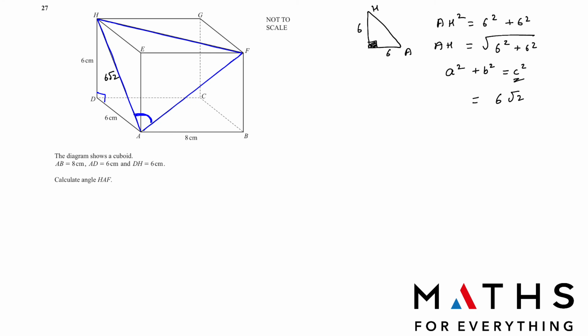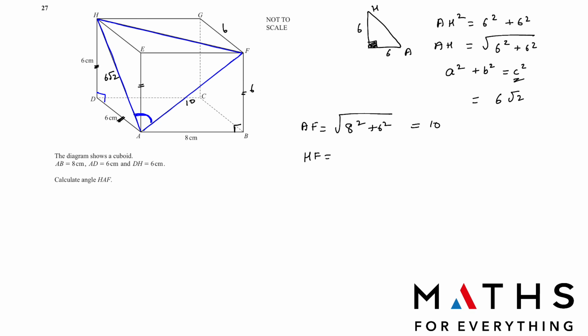Now to find the other side, if this is 6, AE will be 6 and BF will be 6 also. So to find AF, we are going to square root 8 square plus 6 square. That will give us 10. Now we need to find HF. To find HF, we know that this side is 6.